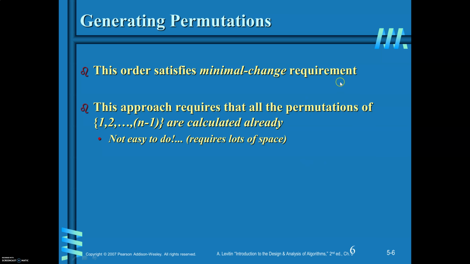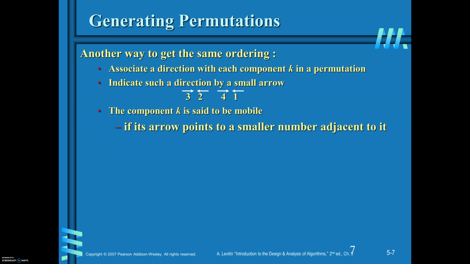This order satisfies the minimal change requirement, but in order to find this n factorial, you need to know n-1 factorial. This is a tedious task and will take a lot of space. So one more method is available to find all possible permutations that we'll see now.